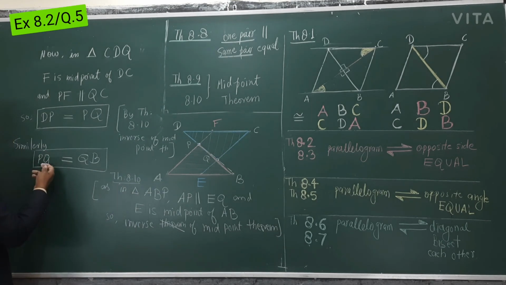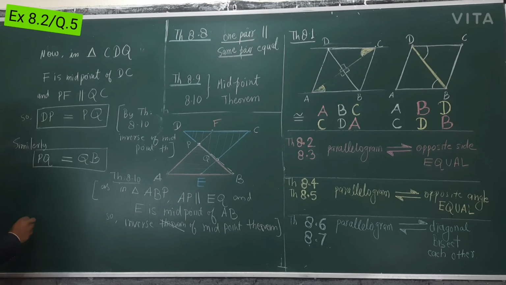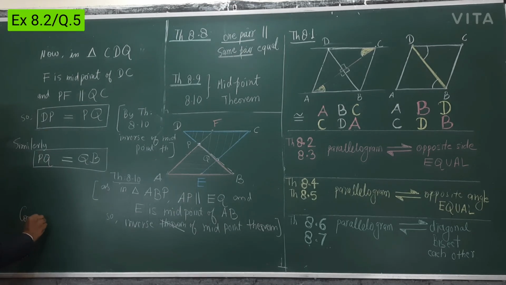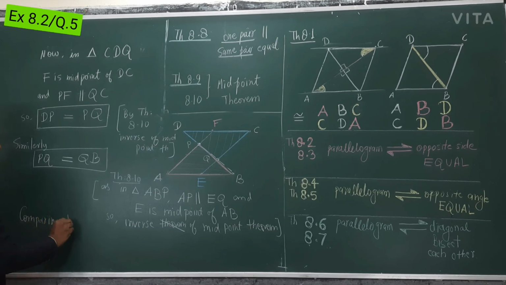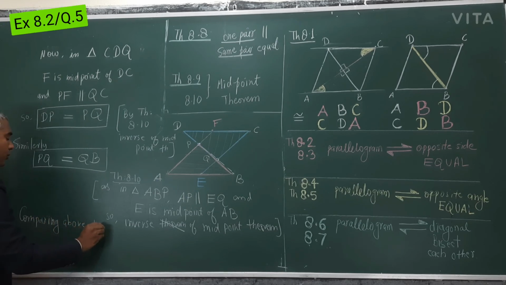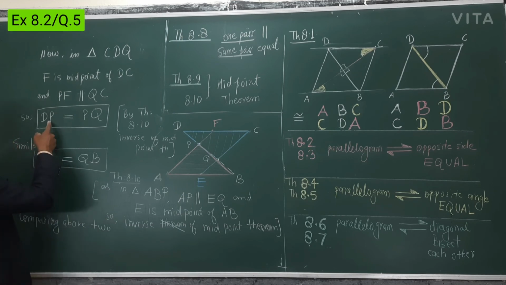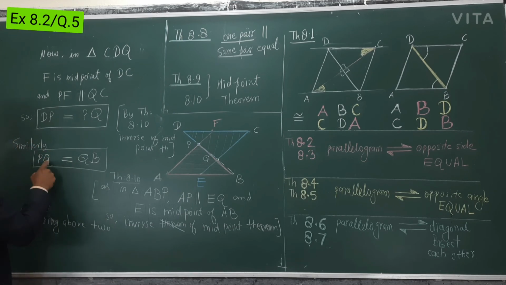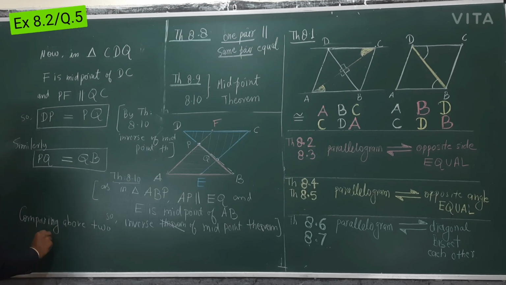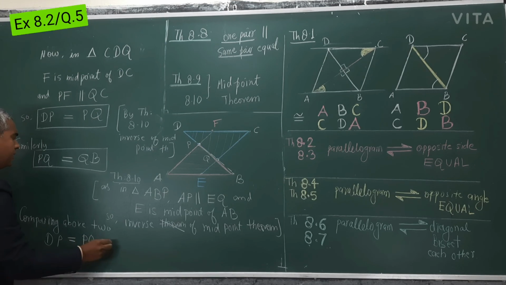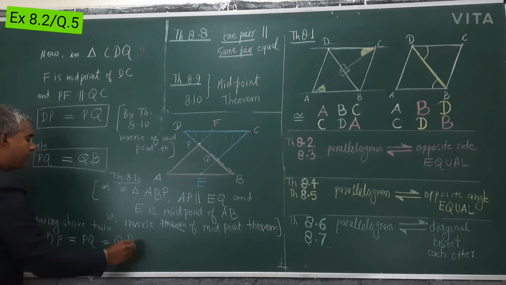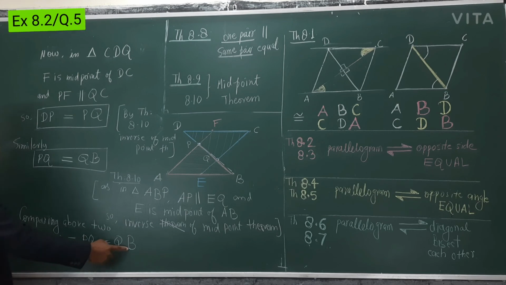PQ is common here, so all three will be equal. Comparing the above two equations, DP is equal to PQ is equal to QB.